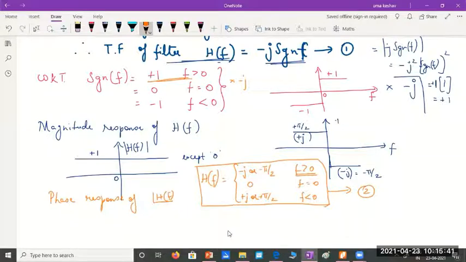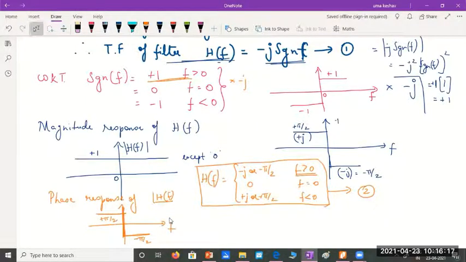If I try to define the angle of h of f, it is -π/2. We have already drawn that here. It will be like this. It will be -π/2 or -j for all positive frequencies, and it will be +j or +π/2 for all negative frequencies. This is how the angular argument for the filter transfer function looks like, right?